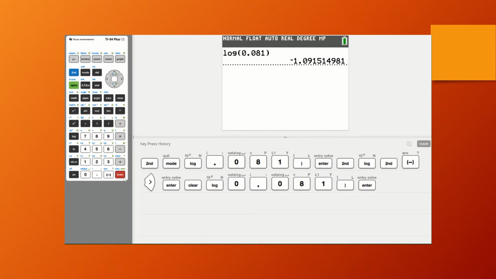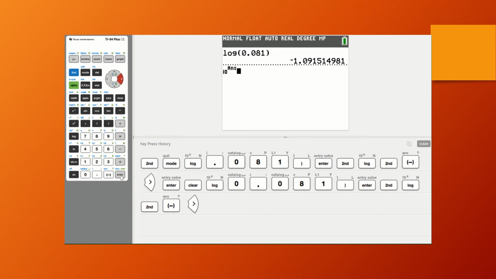Now I'm just kind of curious, what if I took 10 and raised it to the power of negative 1.09, just for fun? Well, I can do that if I hit second and the log button. If you look there in blue, that means it's 10 raised to the power of x. And so I'm going to take my previous answer, so I'm going to hit second answer. That's going to load in that negative 1.09, and I'm going to hit enter.